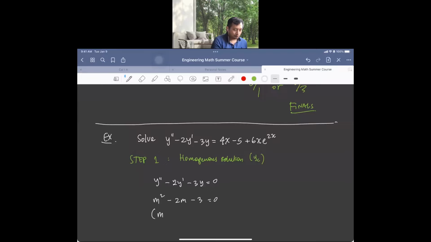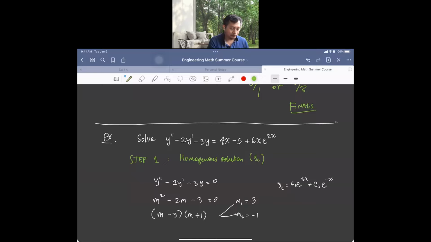And we know that, okay, and we can write the general solution for the homogeneous one is C1 e^(3x) plus C2 e^(-x).